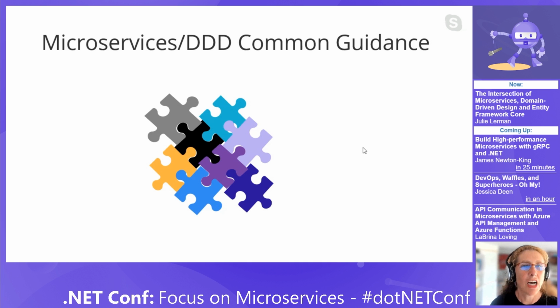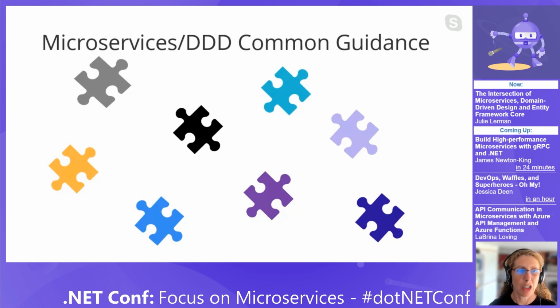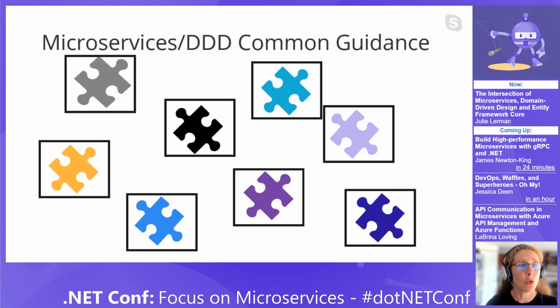Okay. So microservices and domain-driven design have a lot of guidance in common. It's all about breaking up your monolith or breaking down these big complicated problems that you're trying to solve with the software that you're writing. Once you've broken them apart, then it's also important to create boundaries around the different parts.